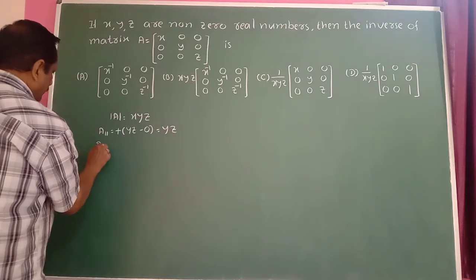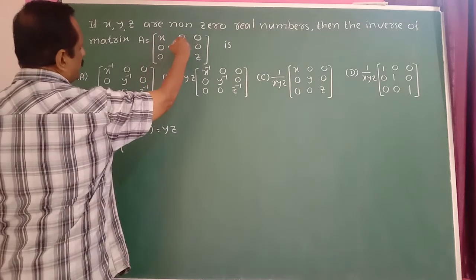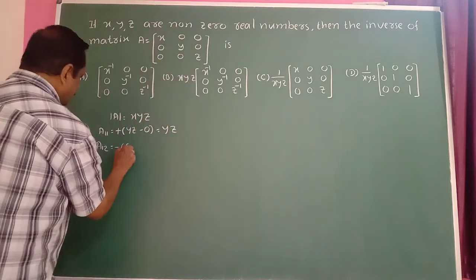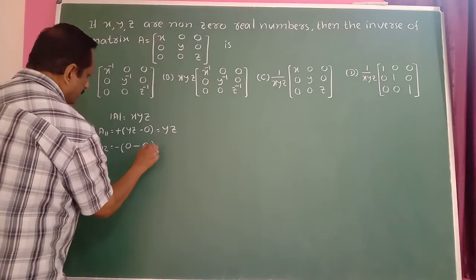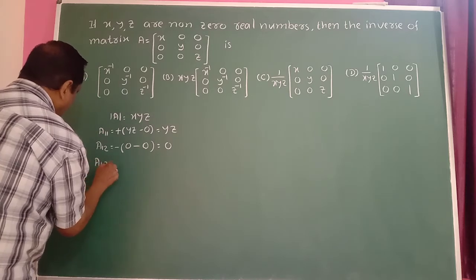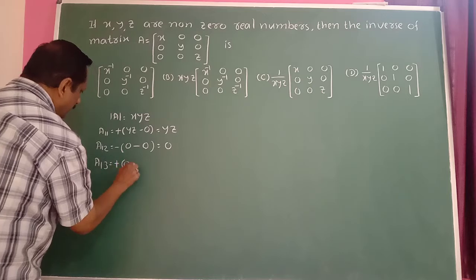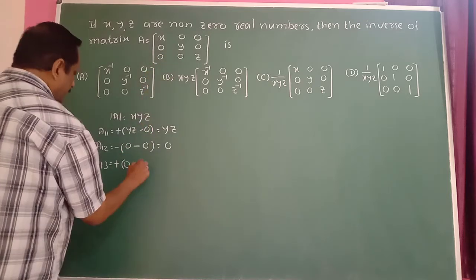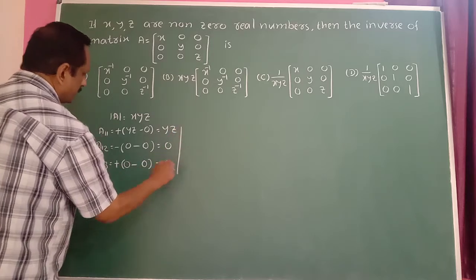Then A12: minus of, delete the row and column, 0 into z becomes 0, 0 into 0 becomes 0, that is equal to 0. A13: plus, 0 into 0 becomes 0 minus 0 into y becomes 0, that is equal to 0.